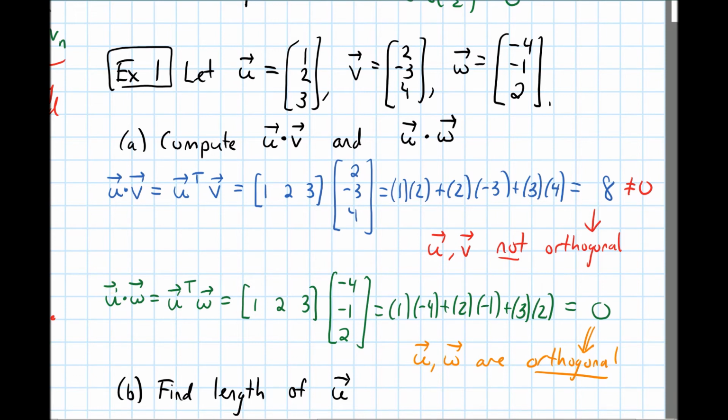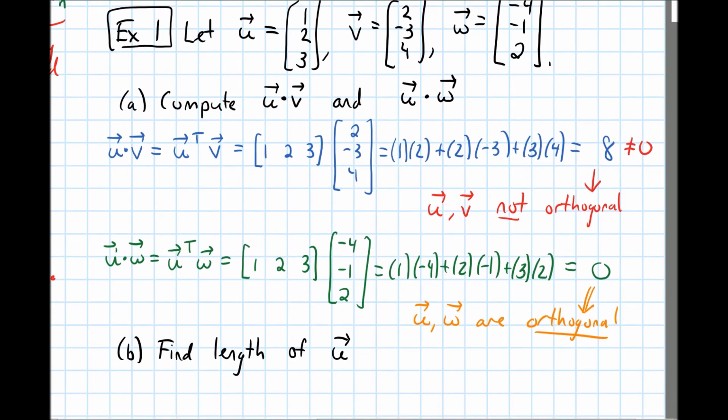So next, let's find the length of the vector u. Let's recall that the formula for the length of u was we took the inner product of u with itself, and then we square root that. Sometimes I'll be using the terms inner product and dot product interchangeably. For our purposes right now, they both refer to the same thing, but I'll do my best to use the term inner product as much as possible.